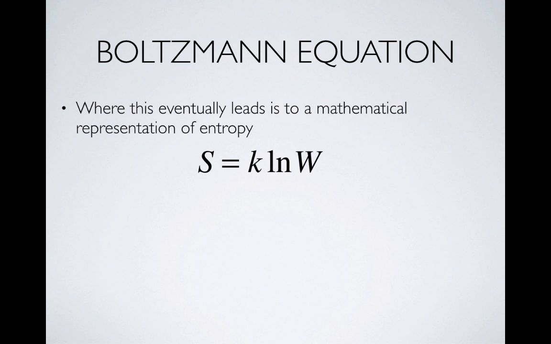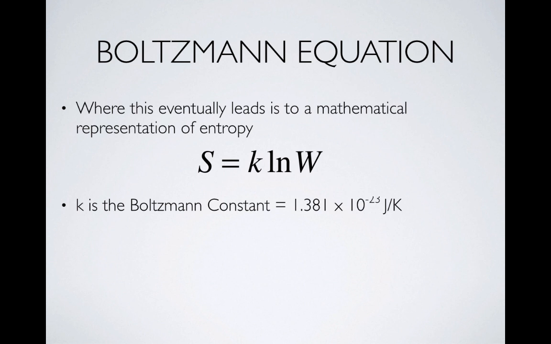S, entropy, is equal to k, the Boltzmann constant, times the natural log of W. Let's take a look at what these are, because some of them are new. Our little k is the Boltzmann constant. It has a value of 1.381 times 10 to the minus 23 joules per Kelvin. It's a strange unit, but those are also the units of entropy, joules per Kelvin.